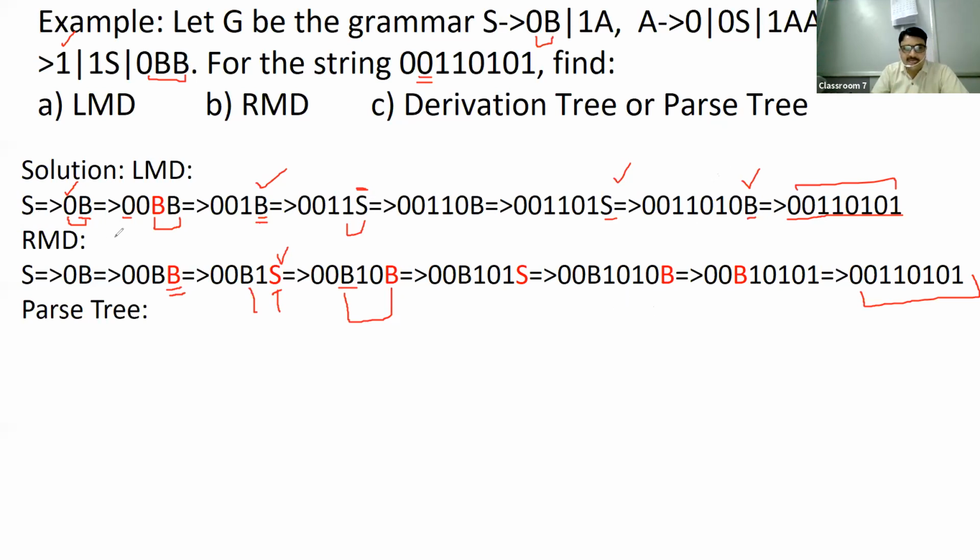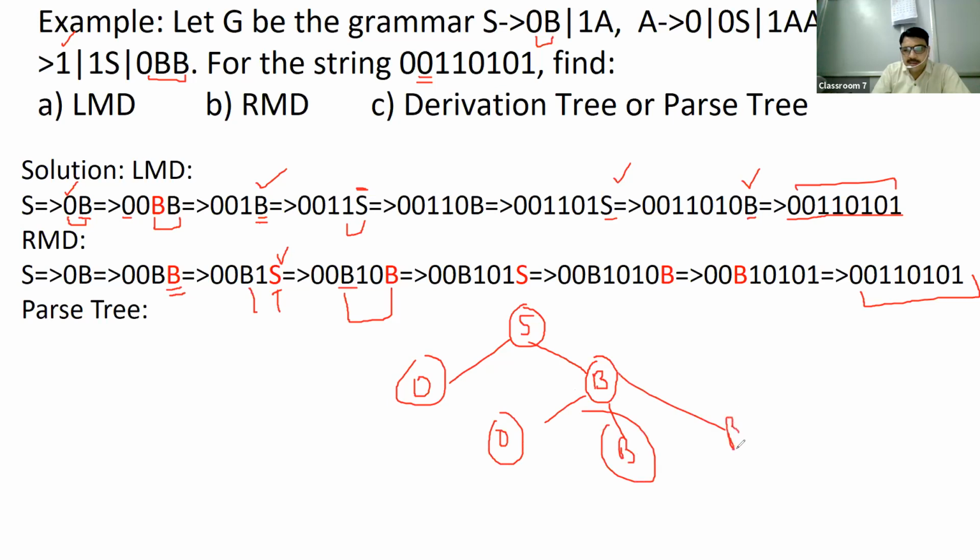For example, start with S. Now S can be decomposed into 0B or 0B. You can design any one of them, either leftmost derivation or rightmost, no problem at all. 0B, now B is decomposed into 0BB, right? So just write the 0, B and B. Clear? And then this is converted into 1.